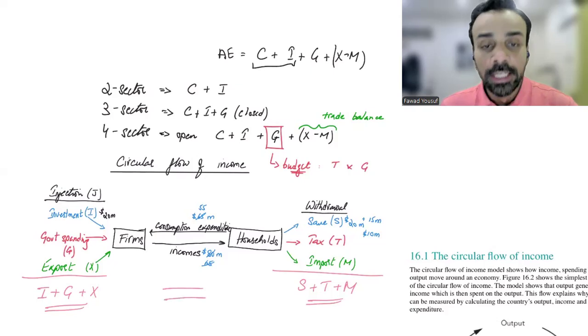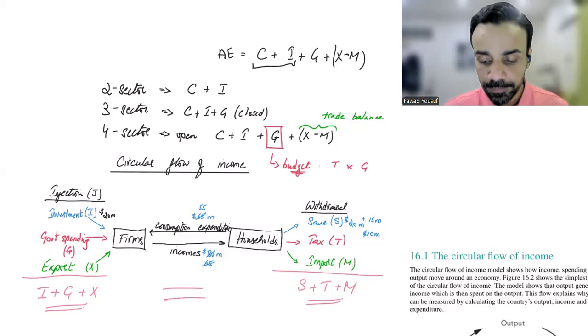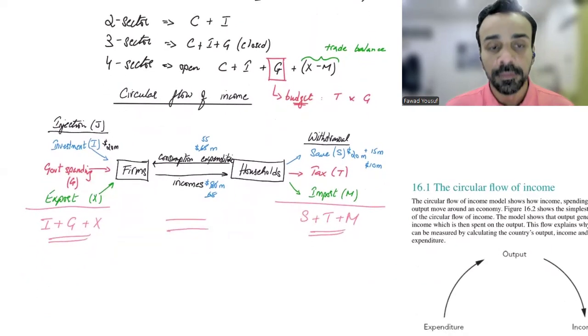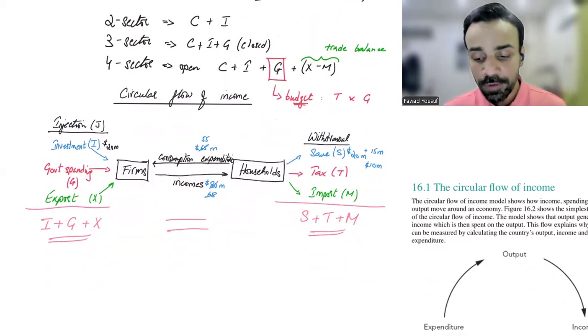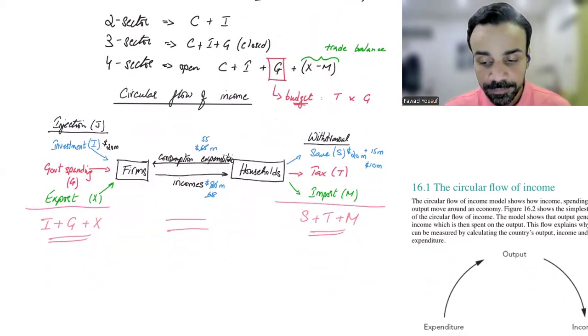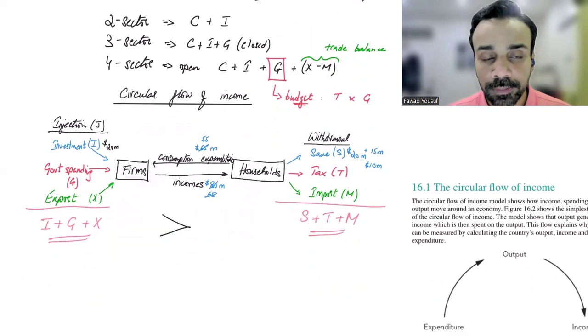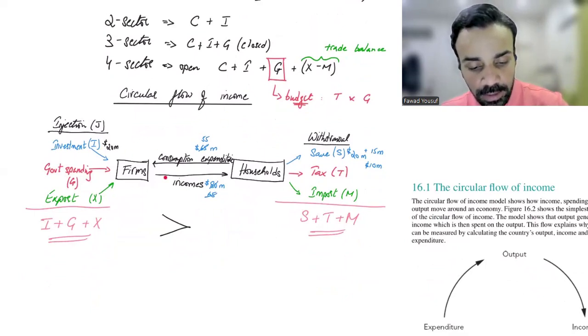If they both are equal, your economy is in a disequilibrium. It's in an equilibrium. My bad. If the money going out is equal to money coming in, the economy is stable, in equilibrium. However, if the money coming in is more than the money going out, just imagine, in this system the money coming in is more, the money going out is less.